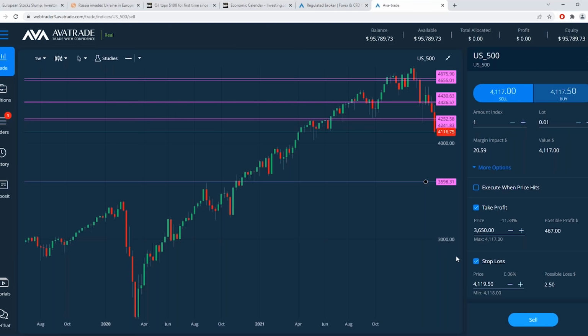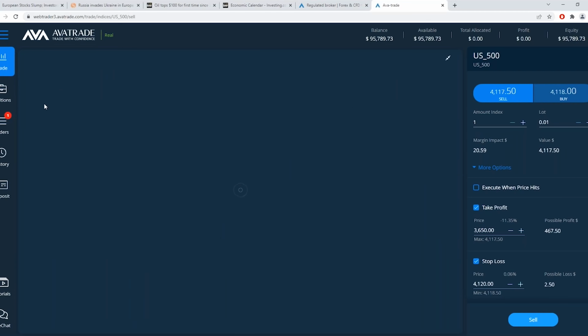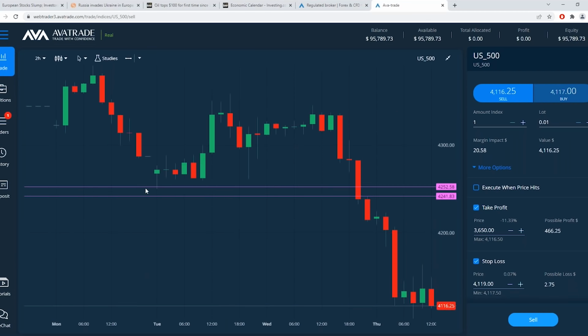And I put my stop loss then back on the 2-hour candles above this broken major support level here. That only has to be up to, let's say, 4,260 to get above both this resistance and the major one here. So 4,260 gets me above there with my stop loss.